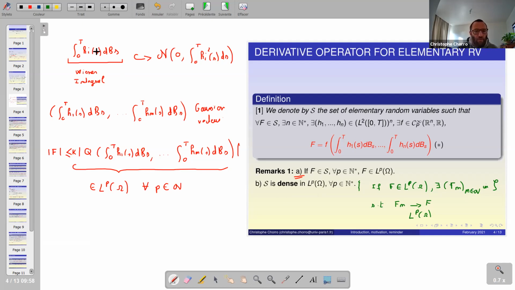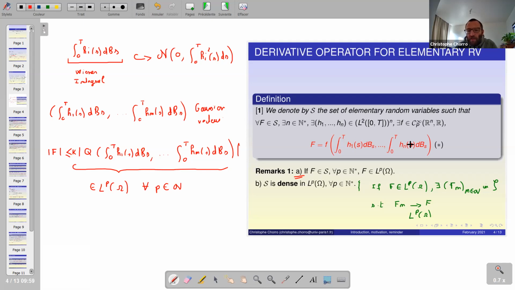But if you want some precision concerning the proof of this result, maybe you have proved it with Mr. De Meyer in the first semester. What is S? S is the set of regular mappings of Wiener integrals. And probably you have proved with Mr. De Meyer that exponentials of Wiener integrals form a set of random variables that is dense in L^2 or in L^p of omega.